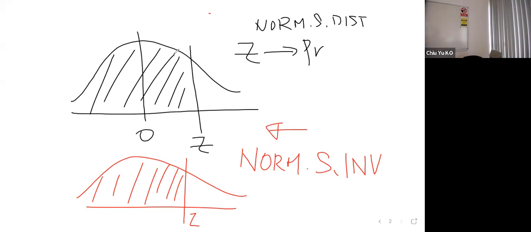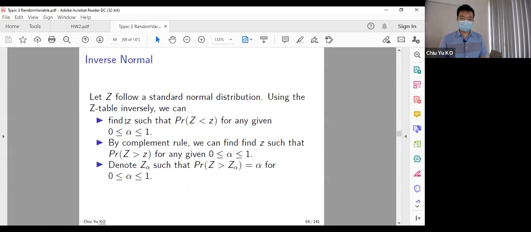So let's see the example. Hopefully I can convince you. Now we find the Z such that the probability of Z less than this is a given number between 0 and 1. And do note that our notation here is that Z alpha is the one on the right tail, not the left tail.